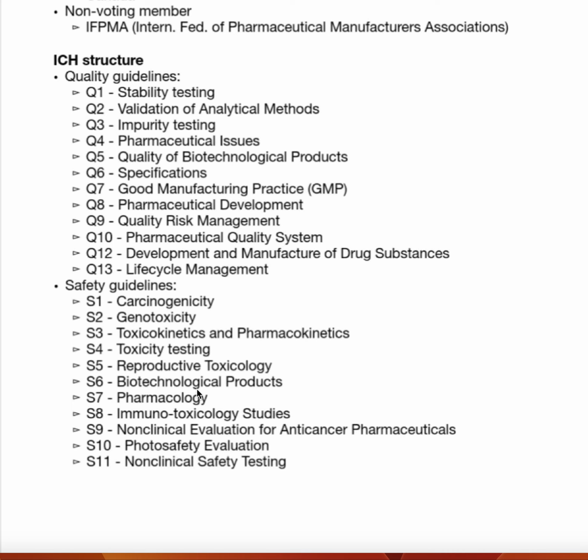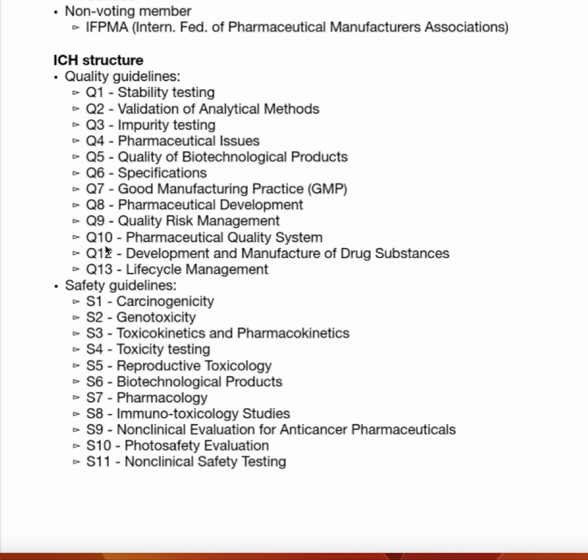S6 is biotechnological products; the biotechnological products are Q5, but their safety is under S6. S7 is pharmacology. S8 is immunotoxicology studies. S9 is non-clinical evaluation for anti-cancer pharmaceuticals. S10 is photo safety evaluation. S11 is non-clinical safety testing.